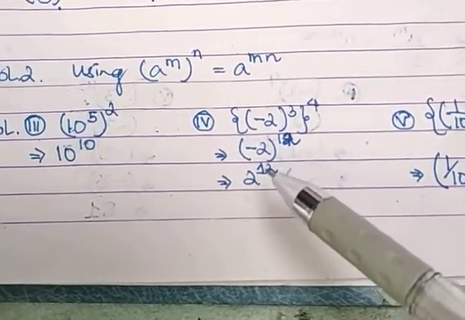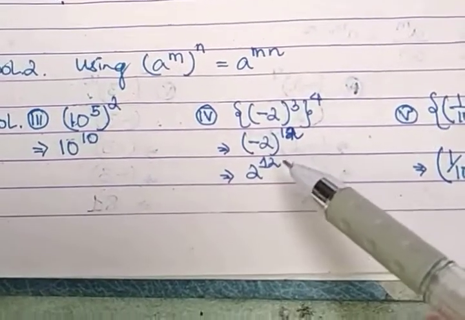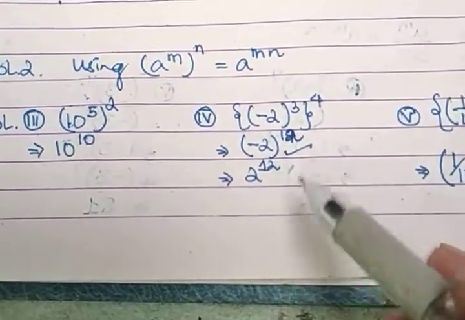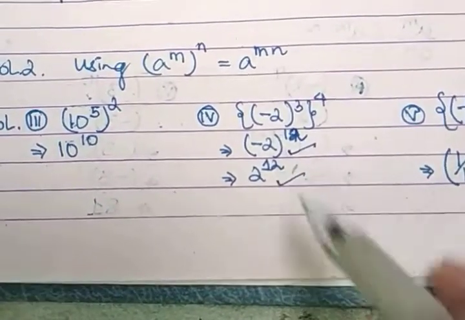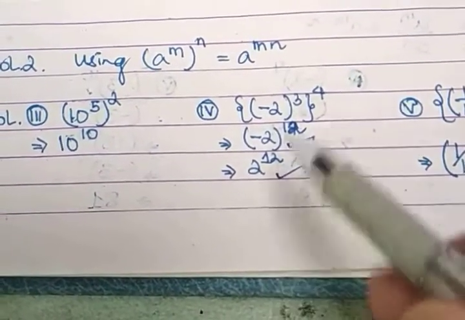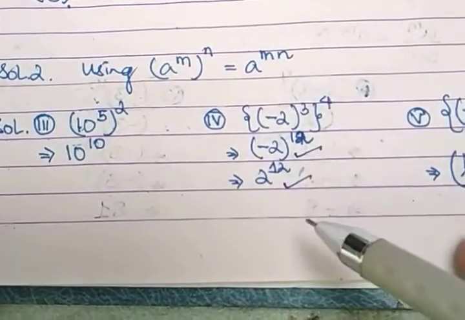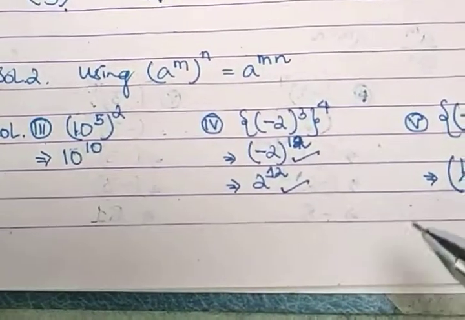So it is simple. You can write it as 2 to the power 12, or if you leave your answer up to here also, it's correct. Or for those who have written the answer directly from the question to here, it's correct, because all you need to do is just multiply the powers when you have two powers, isn't it?